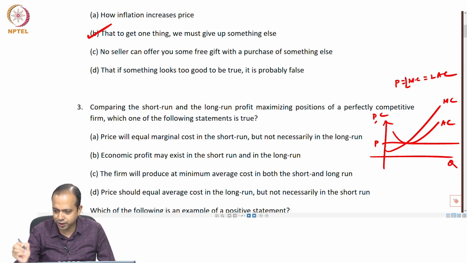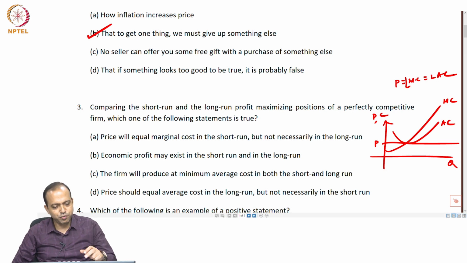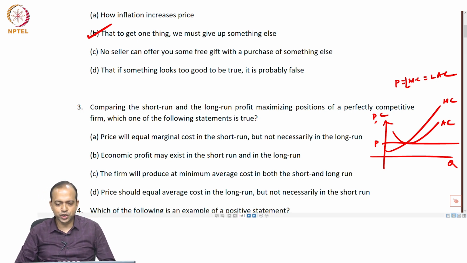And this is actually LMC. So that means price equals marginal cost in the short run, also in the long run. So that means this statement is not true. Marginal cost pricing is the rule of a perfectly competitive market. That is true for both the short run and the long run.